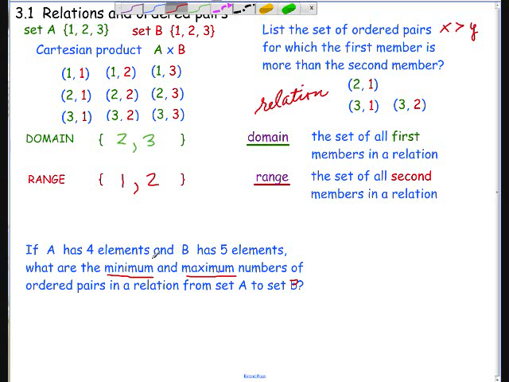We also don't even know what the elements are. So I guess we'd have to say that the minimum would be 0. And the maximum, who knows, maybe they all would work with whatever that relation is. And that would be 20. So somewhere between 0 and 20.